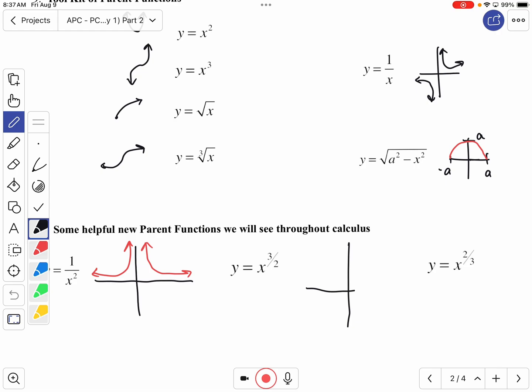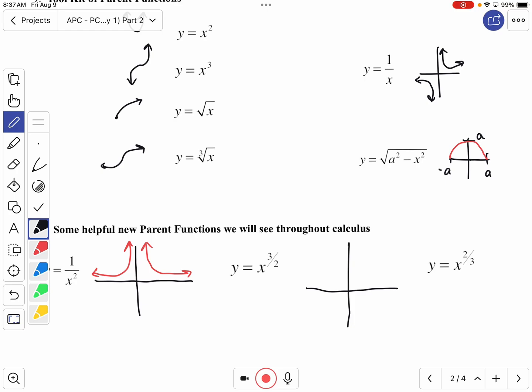This next one, we start dealing with irrational exponents. So let's go back and kind of think through that again. If I have something to the 3/2 power, what are we doing? Yep, we're going to take the square root and then cube it. So if we're taking the square root, what's going to be true about the domain of that function?